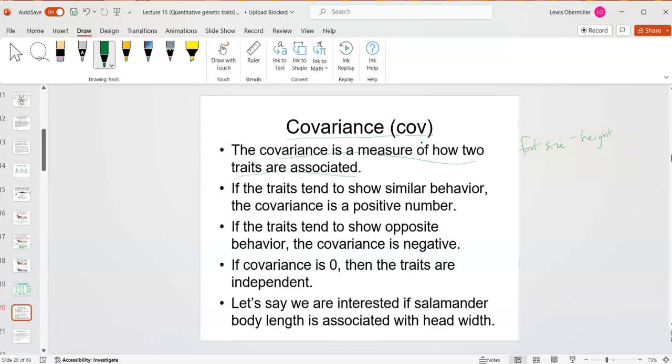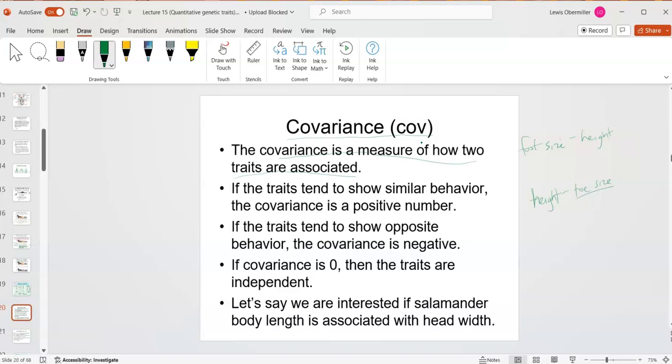Like, let's say you get taller. I'm just making this up. So let's say height is inversely correlated or covariable with toe size. So let's say your little toe, the taller you are, the shorter your little toe is.